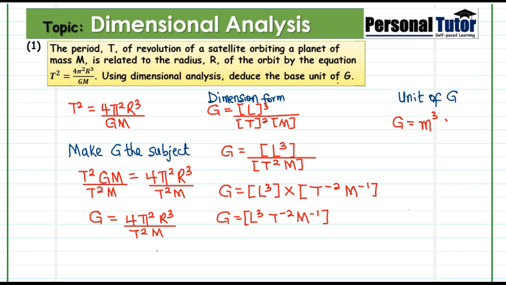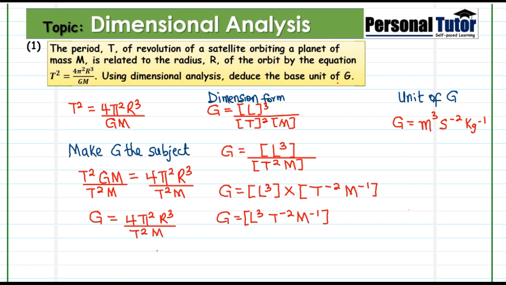T is seconds to the power minus 2. Then M for mass is kilogram to the power negative 1. So this then becomes the unit of G, read as meter cubed per second squared per kilogram. So this is the unit of G.